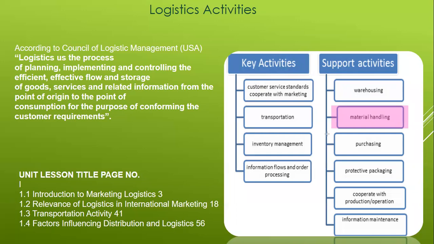Now the third activity is purchasing. Purchasing is the activity in which we need to purchase materials from the supplier. You have heard about the ERP model, Enterprise Resource Planning software. When any enterprise purchases resources from any supplier, they need to maintain the details and transactions.